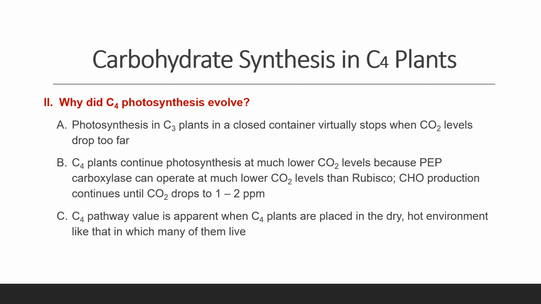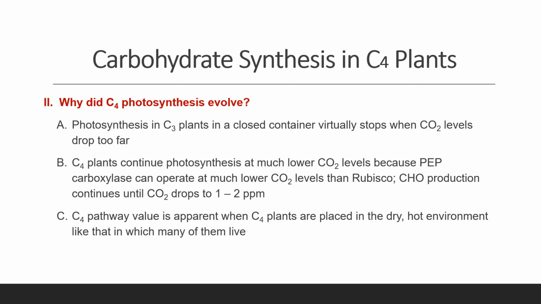So C4 plants have the ability to continue photosynthesizing because PEP carboxylase continues to operate at much lower carbon dioxide levels than rubisco does and is not inhibited by oxygen. So carbohydrate production continues until carbon dioxide drops to 1 to 2 parts per million.